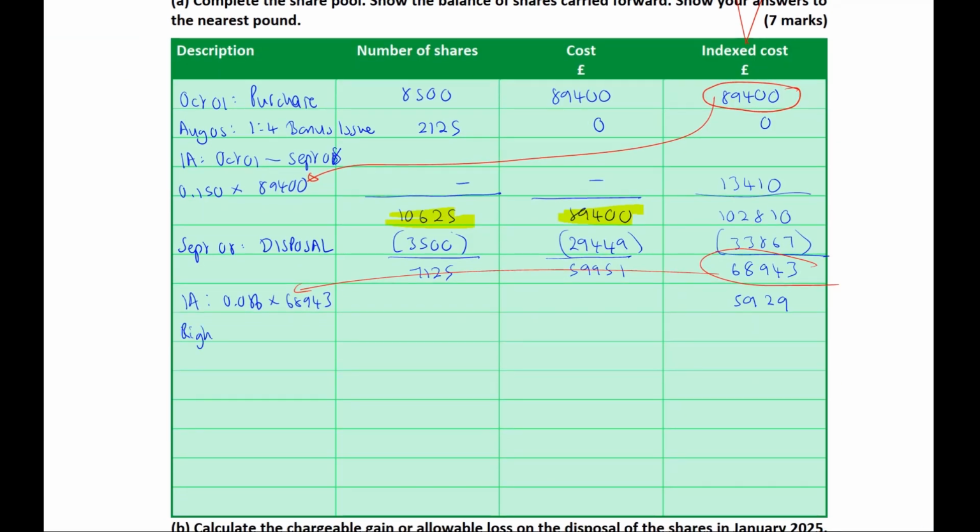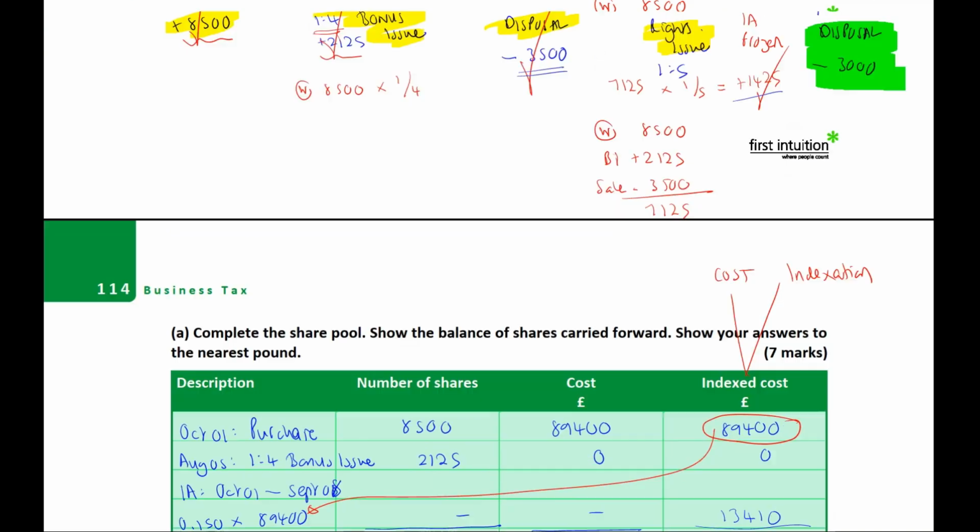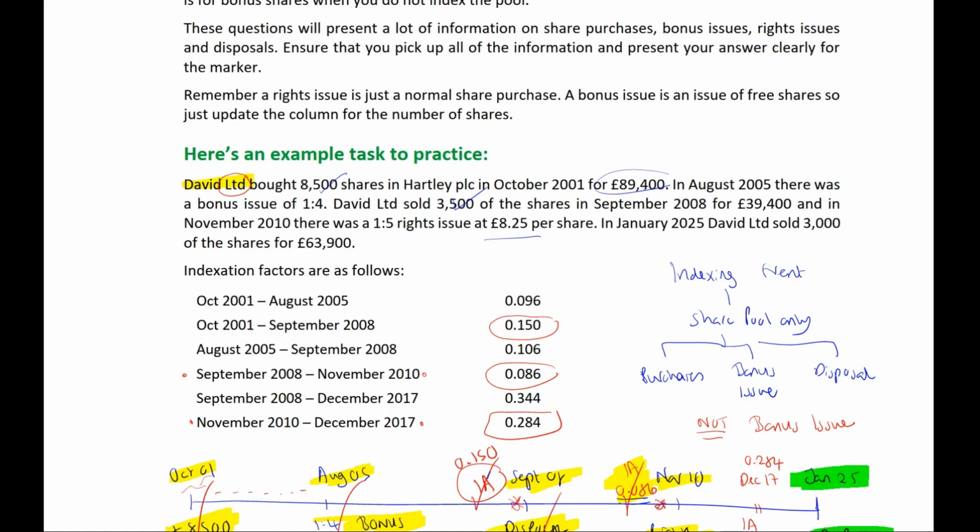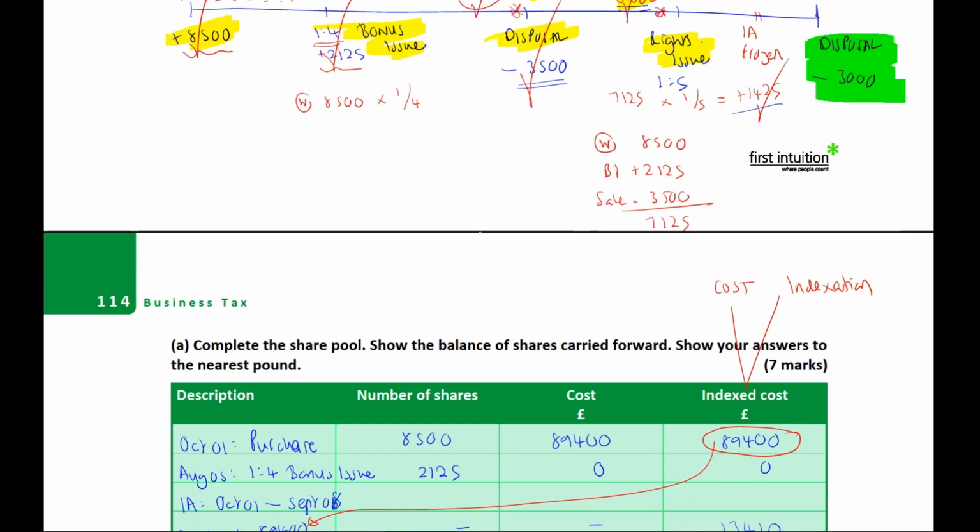There was a rights issue, 1 for 5. So I add on the rights shares. Now these were shares that were purchased. Bonus shares are for free, rights issues I have to pay for. So these shares cost $8.25 each.